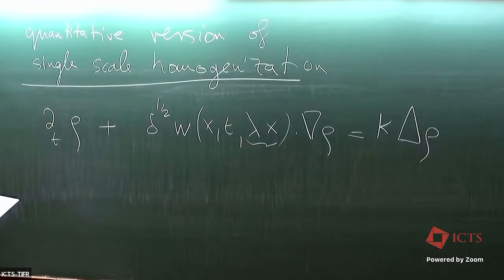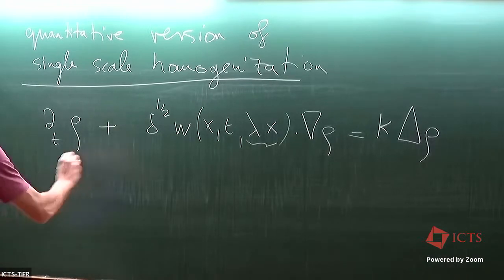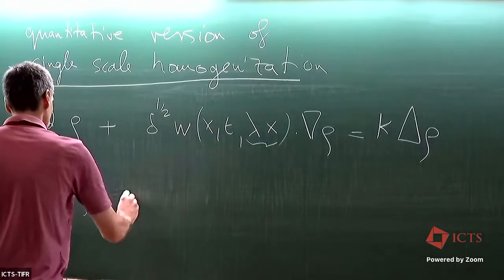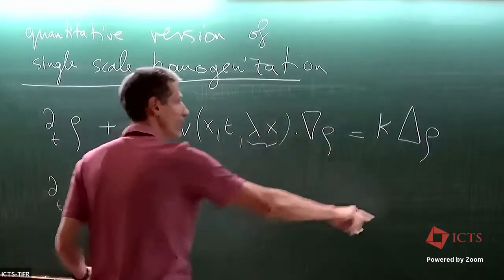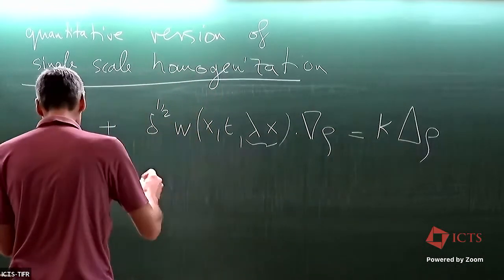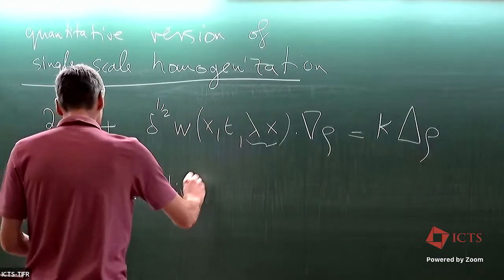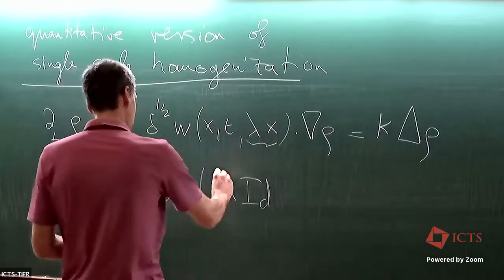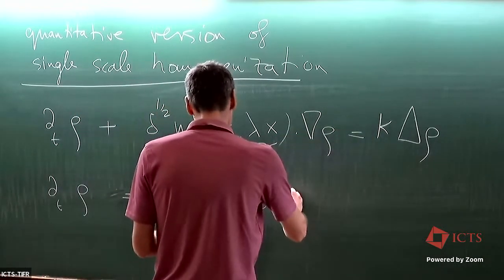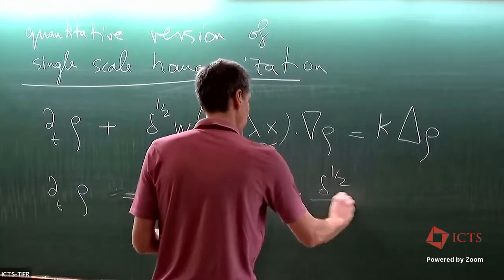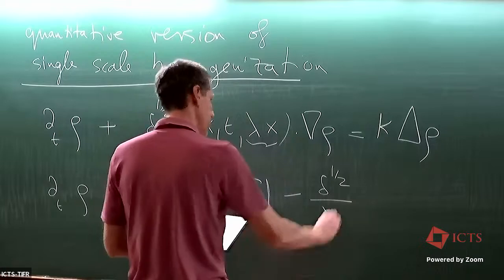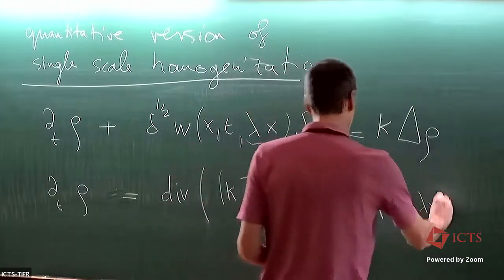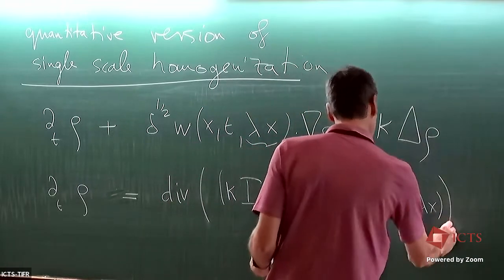And now I'm going to do the computation in more of a parabolic notation, so I'm going to write this part as part of the elliptic operator. This is divergence of kappa times identity, minus delta to the 1/2 divided by lambda times h of x, t, and lambda x, times gradient rho.